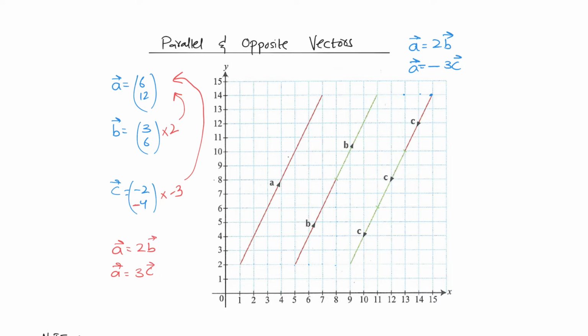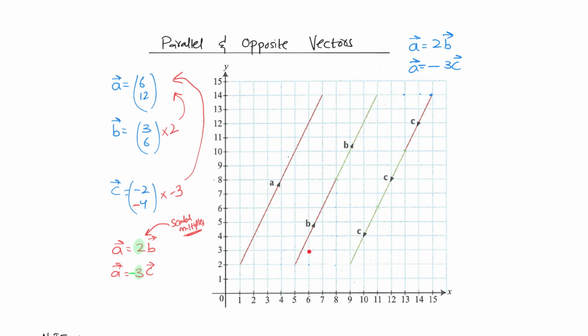These values of 2 and -3 are basically going to be called the scalar multiples, scalar values. Also, you can see that these vectors are parallel.